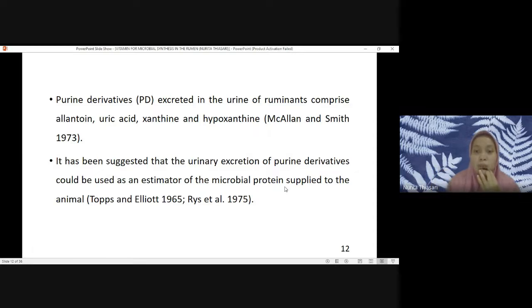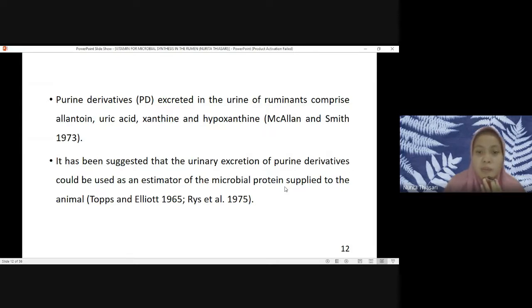Because of this, I would like to show whether there is a difference or an increase of the microbial protein synthesis in the rumen, using the purine derivative as the estimator, like the result of the breakdown.